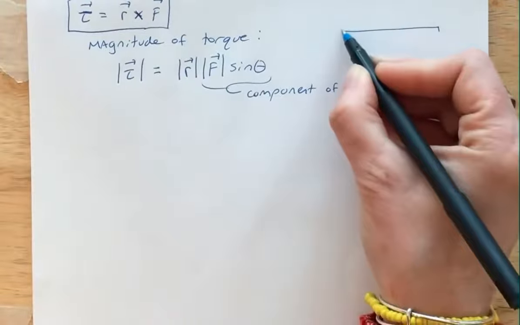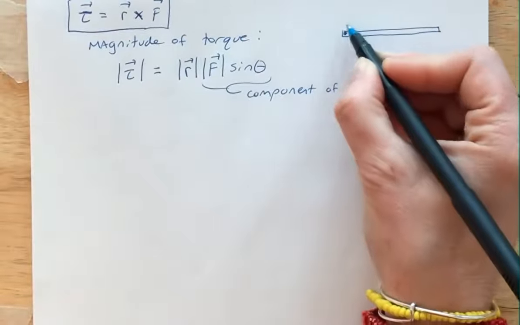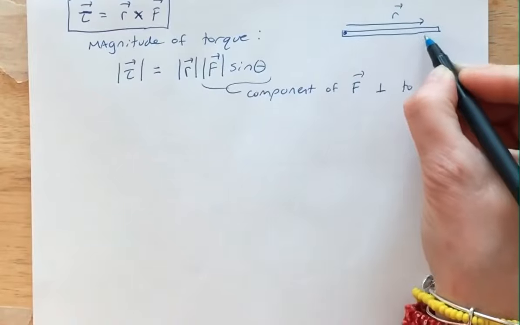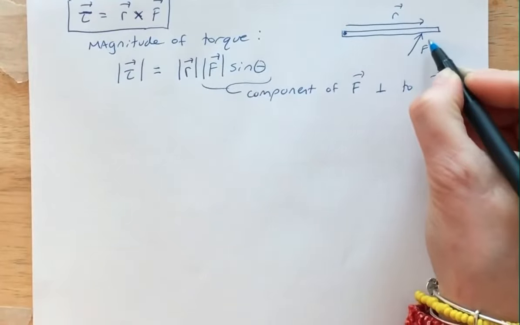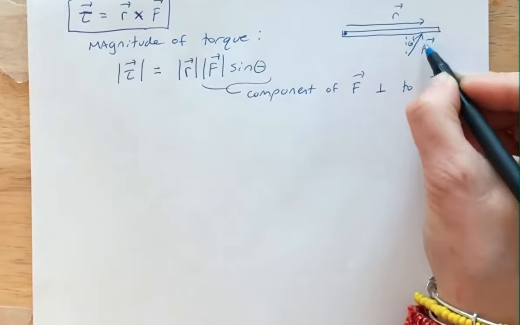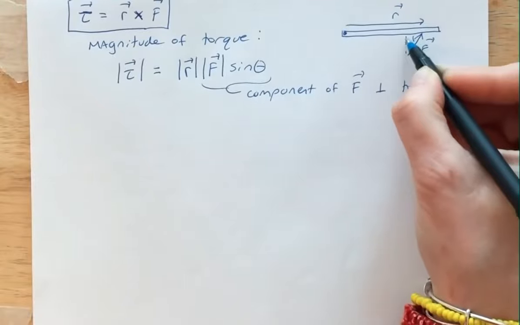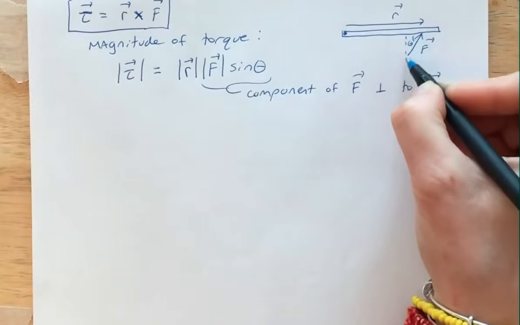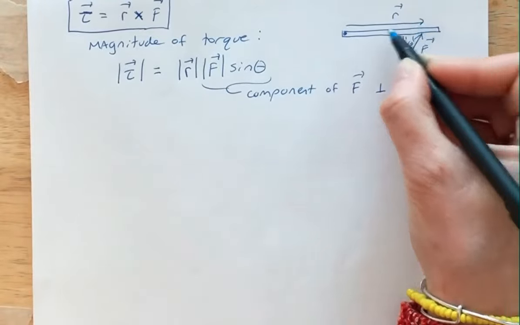To quickly redraw our diagram, R was our lever arm, F was our force, and theta is the angle between R and F. And so F sine theta is the component of force perpendicular to our lever arm.